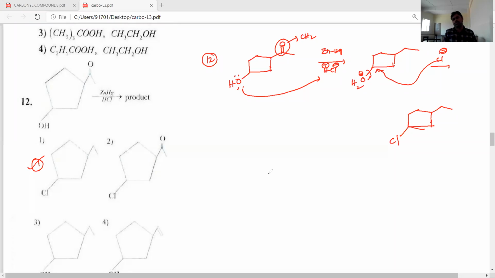The C double bond O group is converted into CH2 and the OH group is converted into Cl, because in acidic medium alcohols react with HCl and are converted into alkyl chlorides with loss of water. That's why the third option is correct.